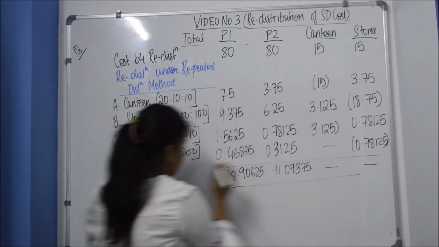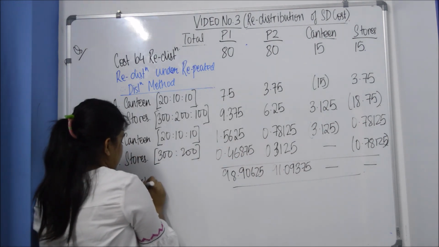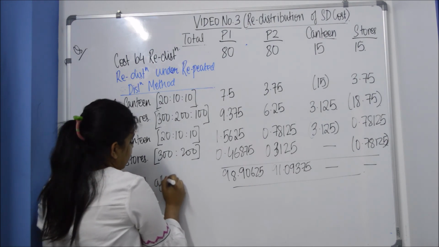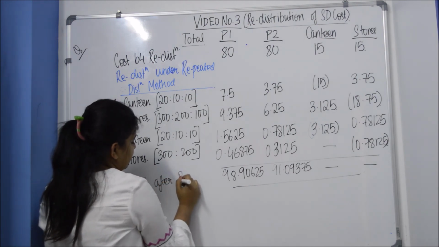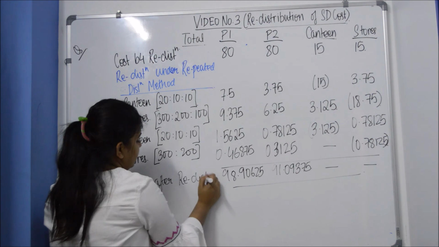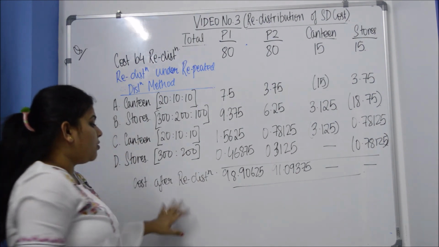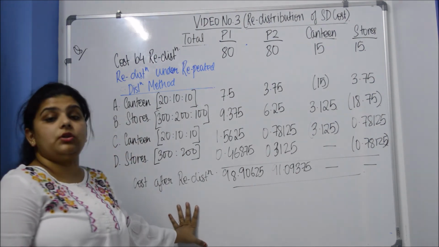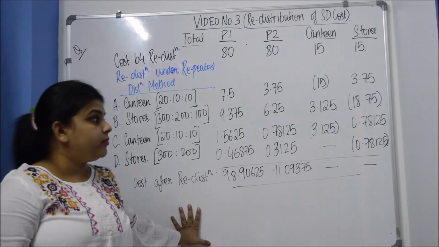This is the cost after redistribution under repeated distribution method.